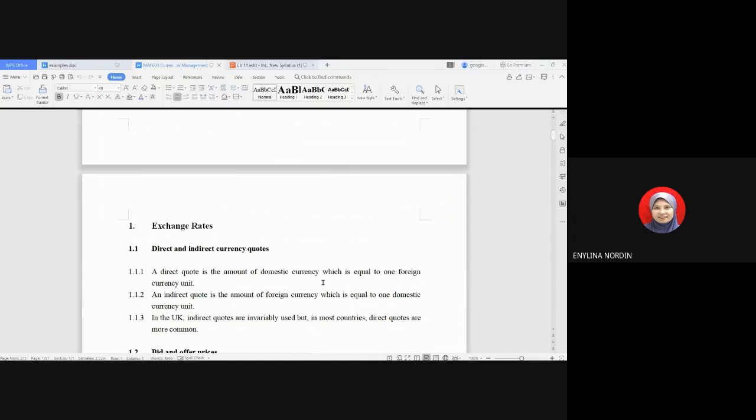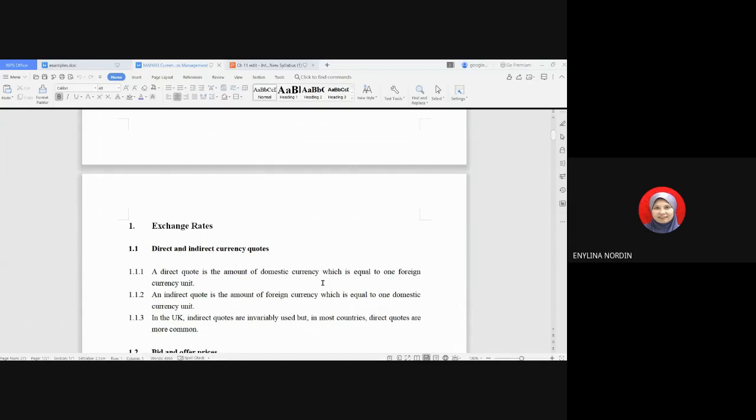If it's an indirect quote, this is the amount of foreign currency which is equal to one domestic currency unit. Just now, in the direct quote, for every US dollar you have to pay 4 ringgit 20 cent. Here we go the other way around: for every ringgit Malaysia, how much do we get in US dollar?